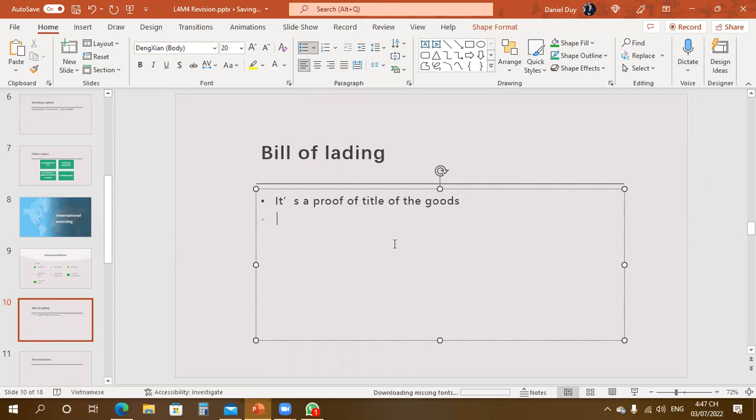Because when we sign the contract with the shipping company, they receive and deliver the goods to the destination port.